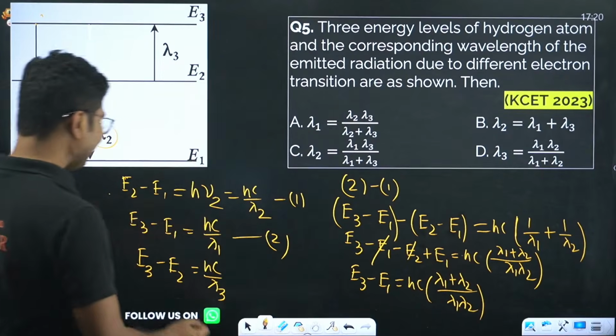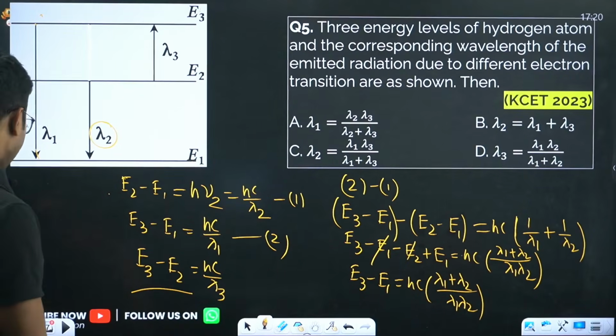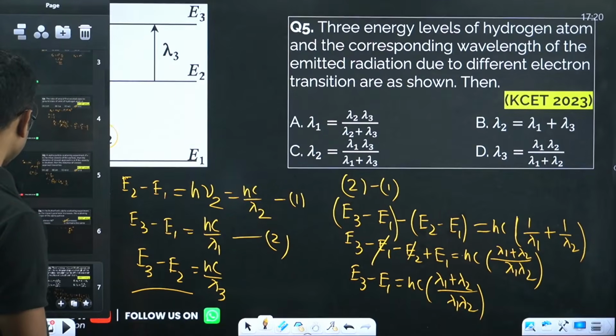Now what is E3 minus E2? E3 minus E2 is hc by lambda 3.